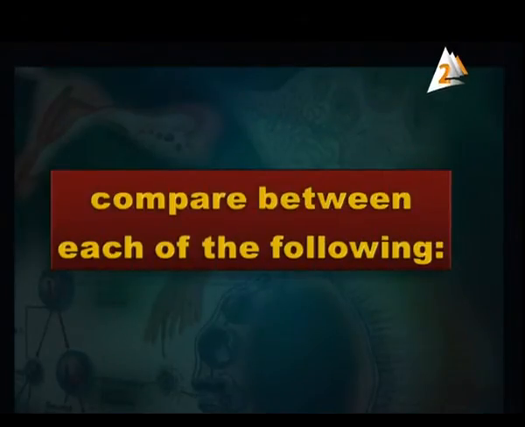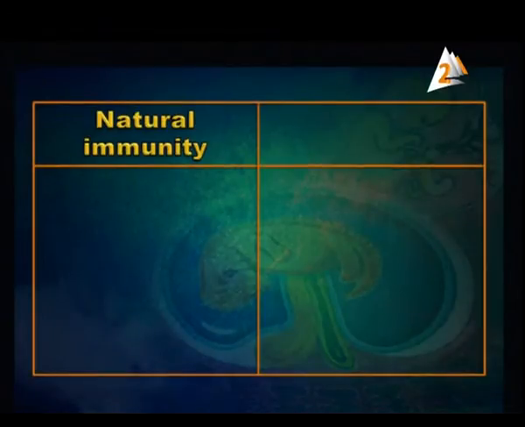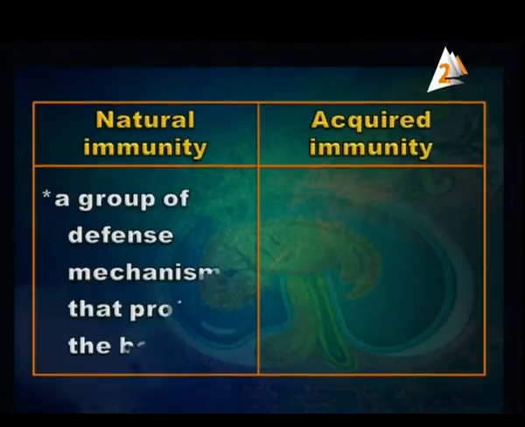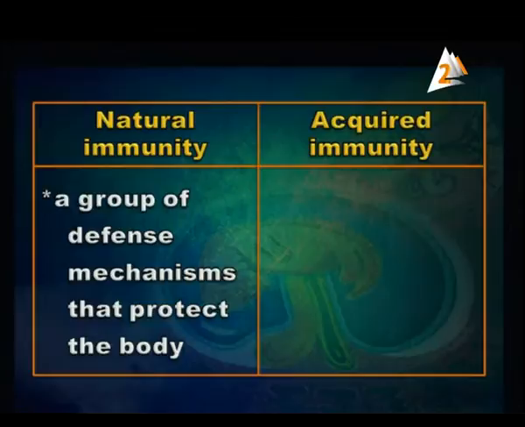Then what about the comparisons? Look at these two comparisons. Compare between acquired immunity and natural immunity, and primary and secondary immune response. Let's begin with natural immunity and acquired immunity.